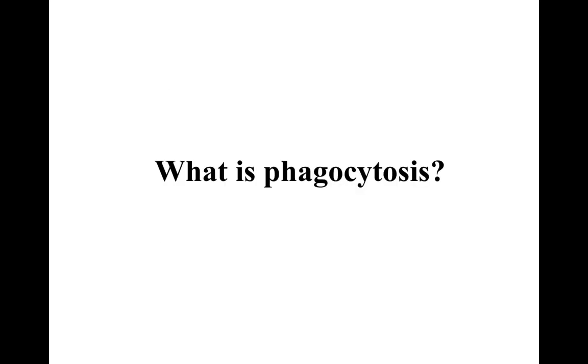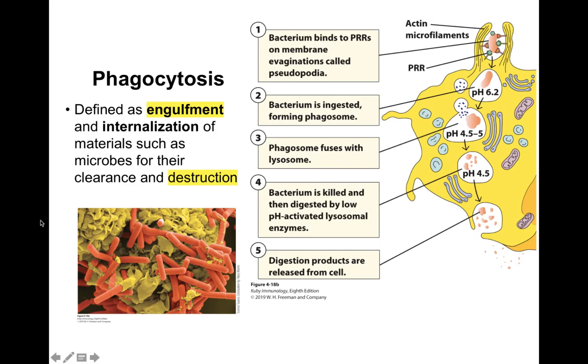What is phagocytosis? This is basically the eating and destroying of foreign material. A phagocytic cell can phagocytose, or basically reach out and grab onto something that is external to it and bring it into a phagosome, fuse that phagosome with a lysosome, and then break what it's brought in into little pieces.